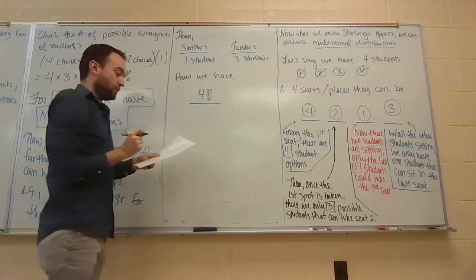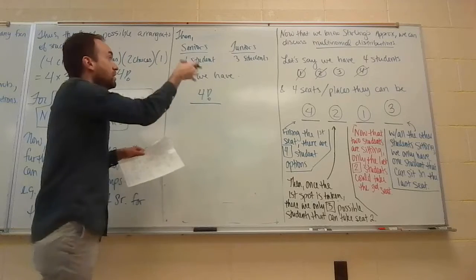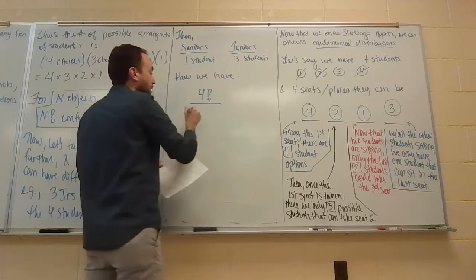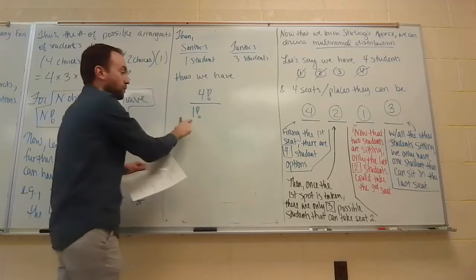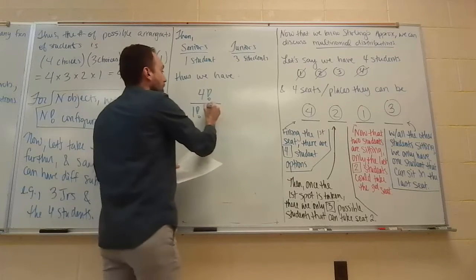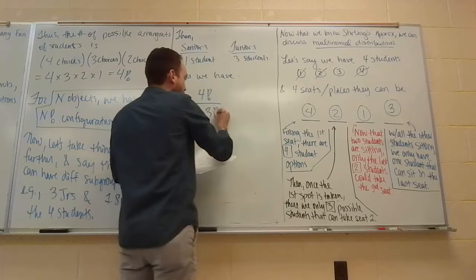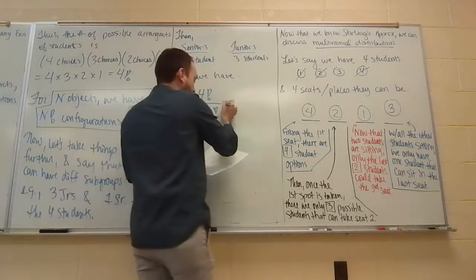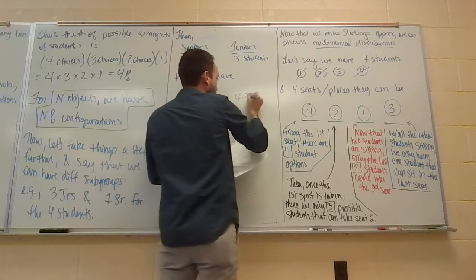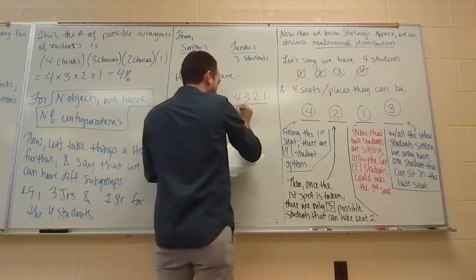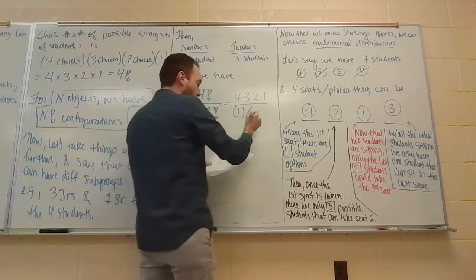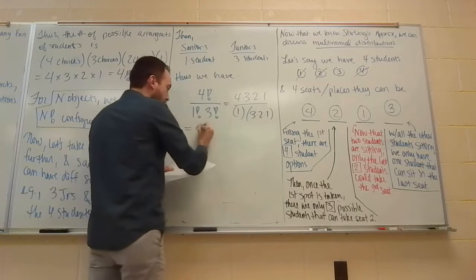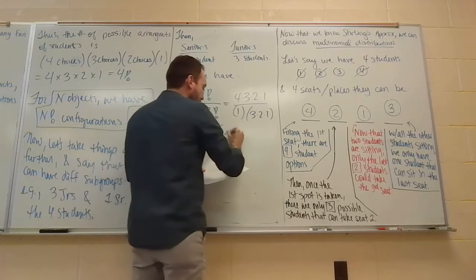That's our number of students, divided by the individual subgroups as factorials as well. So I've got 4 factorial divided by 1 factorial, which is my seniors group, times 3 factorial, which is my juniors group. So that would mean 4 times 3 times 2 times 1 divided by 1 times the quantity 3 times 2 times 1, which means that I will have 4 possible configurations.